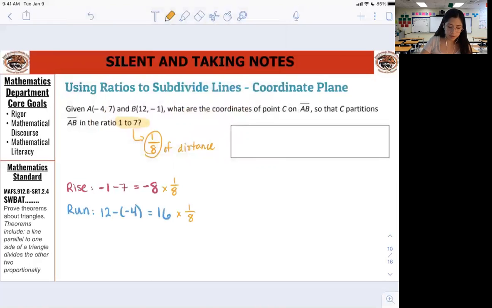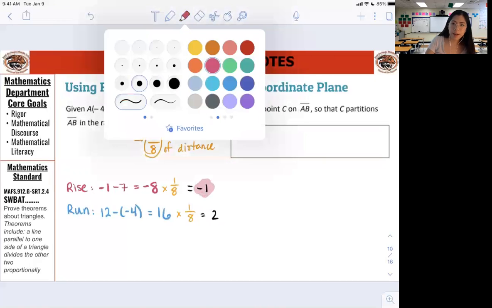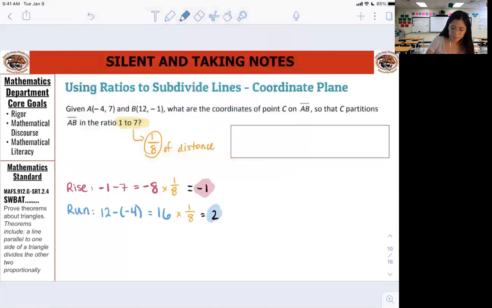All right, -8 times 1/8 is -1. 16 times 1/8 is 2. Don't forget, when you're multiplying by a fraction, you got to multiply by the numerator and then divide by the denominator. So up to this point, how do we feel up to here?